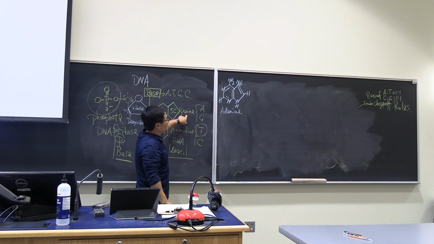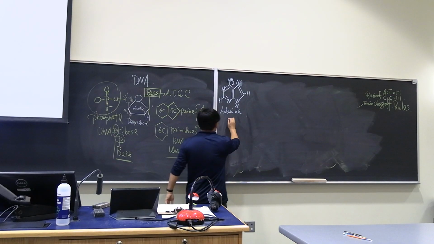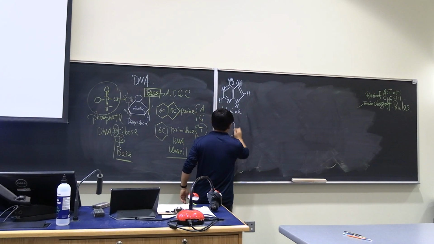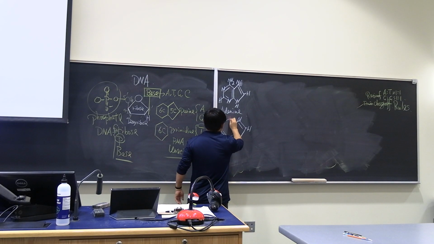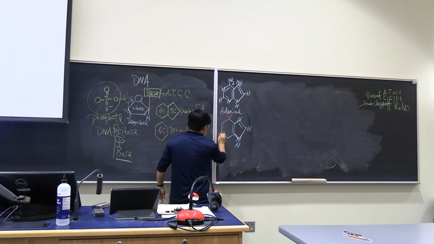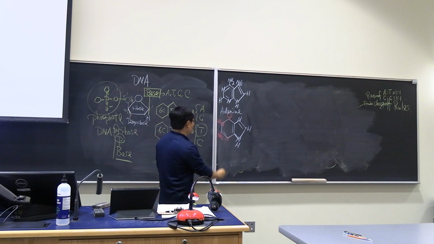Since these are all purines, the guanine and adenine structures are basically the same. Very, very similar. You don't even have to worry about this side, it's the same thing. The only difference is here. That's all. So that's guanine.